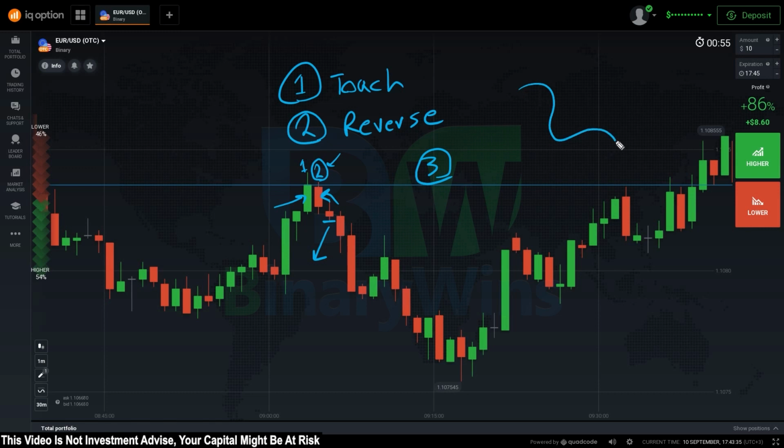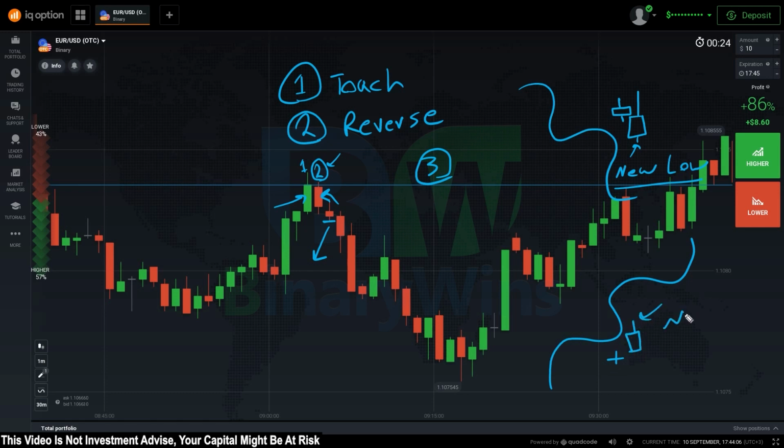That is, if the trend is downward and we have the first candle, the second candle, the third candle should create a new low for us. And if the trend is upward and we have this pattern, the third candle should create a new high for us.